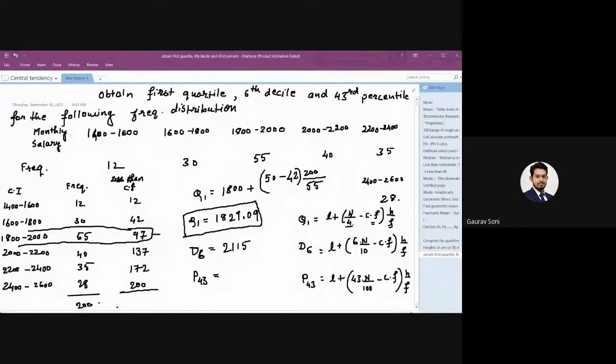But in percentile, it will be 2, like 200 by 100 is 2. So how will we find it out, sir? There is 43 also, and you have the cumulative frequency in the similar manner.